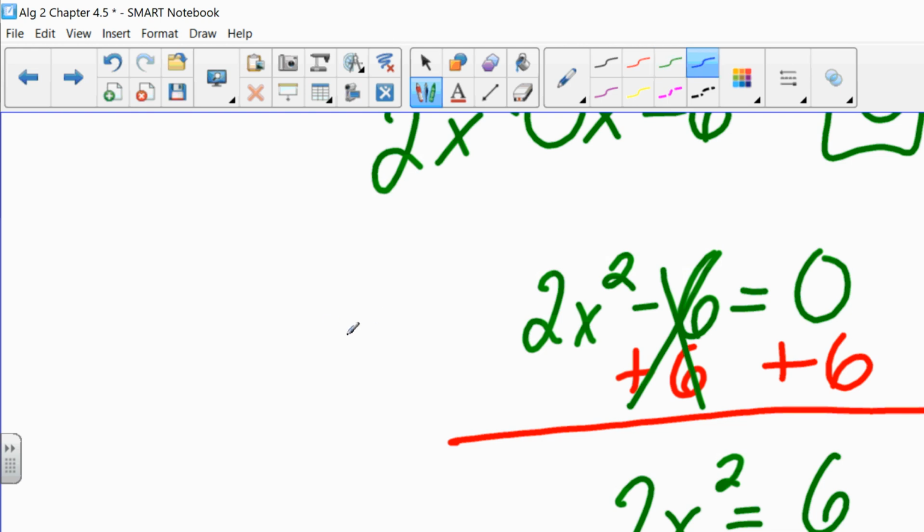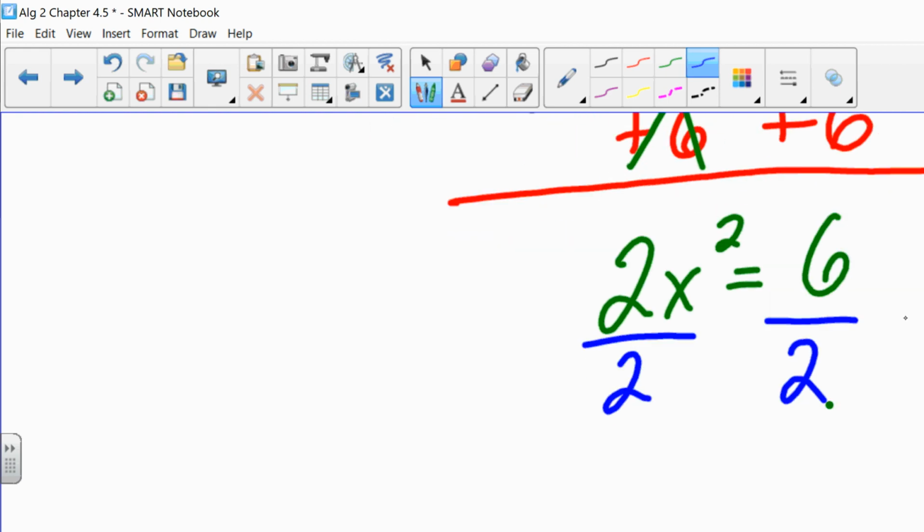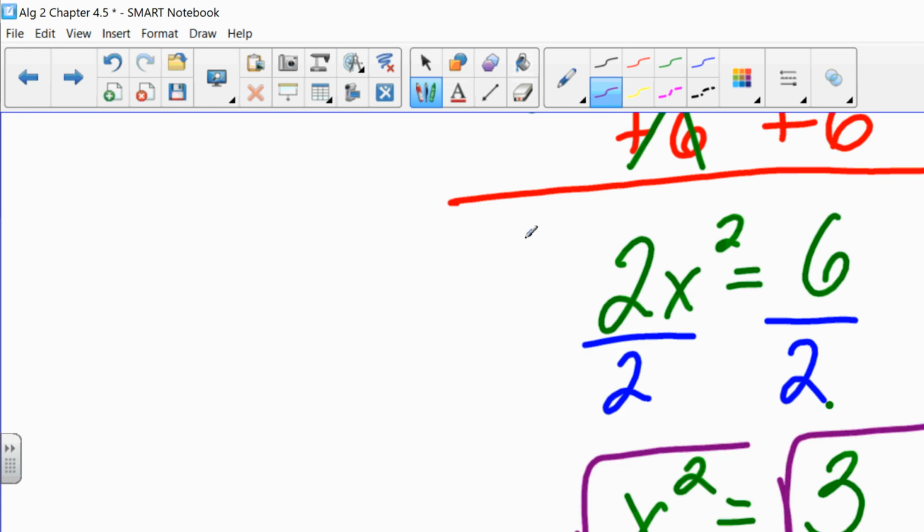And then from here we can divide both sides by 2. This tells me that x squared is equal to 3, and then we would square root.